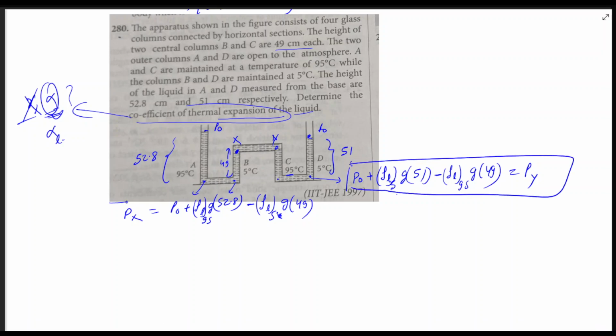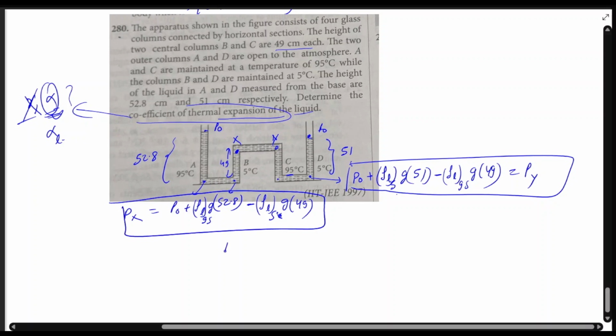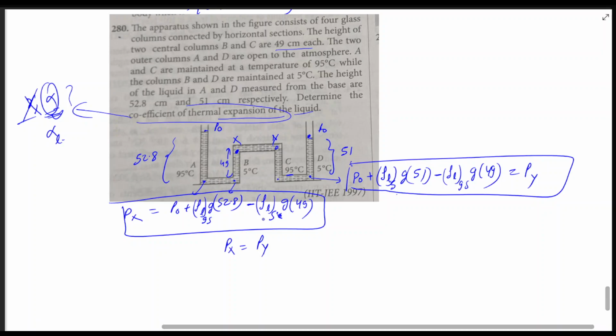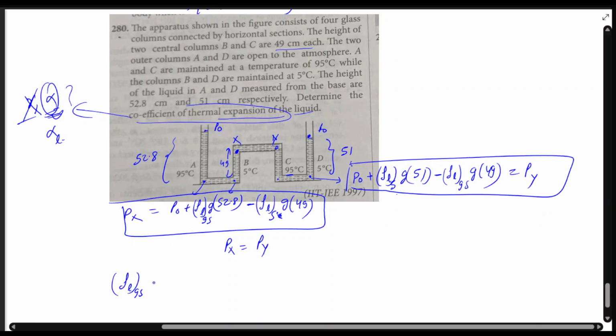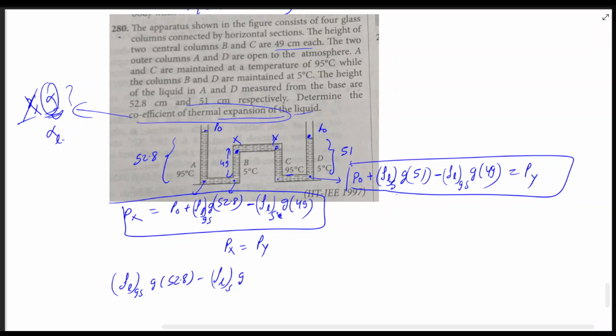Now, as the liquid is stationary, Px must be equal to Py, so we'll just equate them. P naught will get cancelled. So rho of liquid at 95, G into 52.8, plus rho of liquid at 95, G into 49 equals rho of liquid at 5, G into 51.